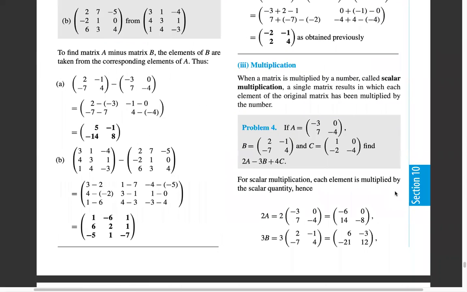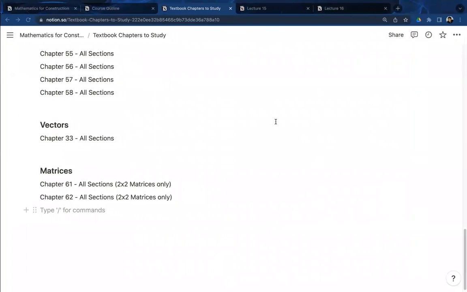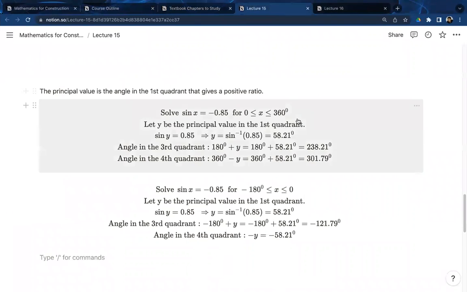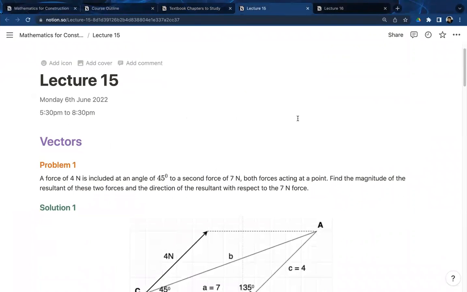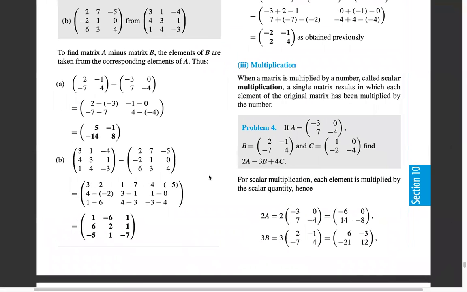Multiplication by a scalar. What does that mean? A scalar is, as we finished last lecture, remember last lecture we talked about vectors. A vector quantity is one which has both magnitude and direction. A scalar quantity has magnitude alone.